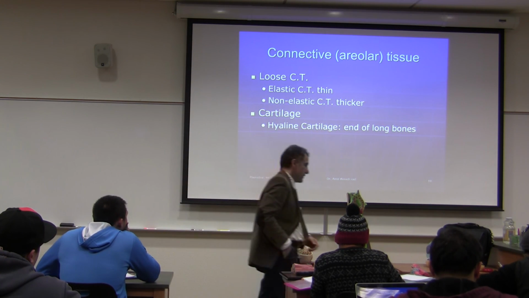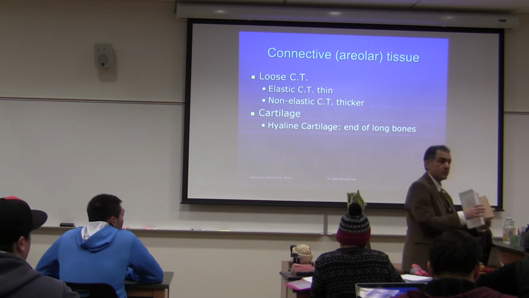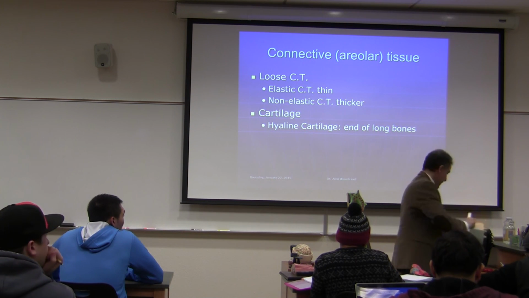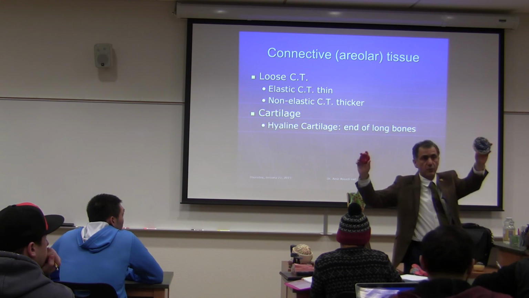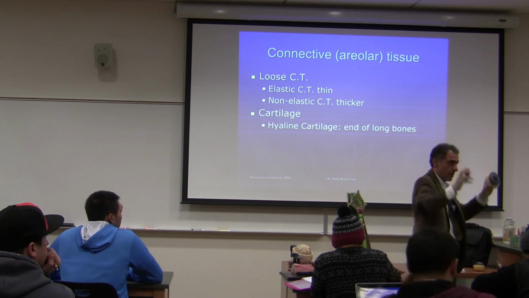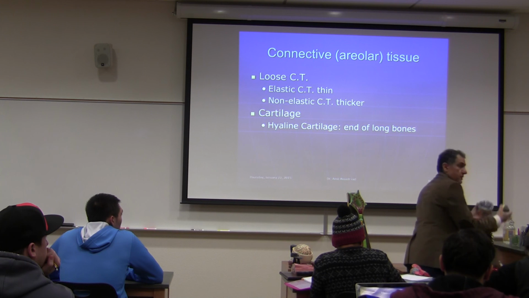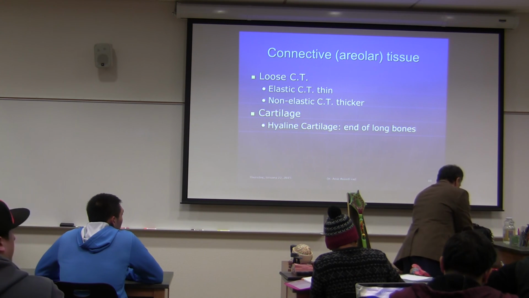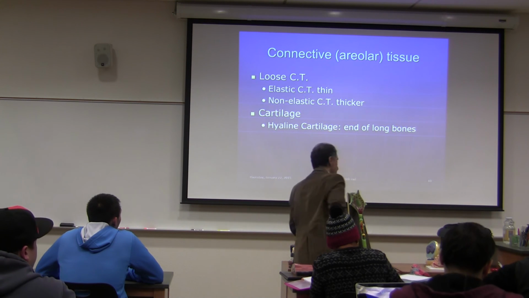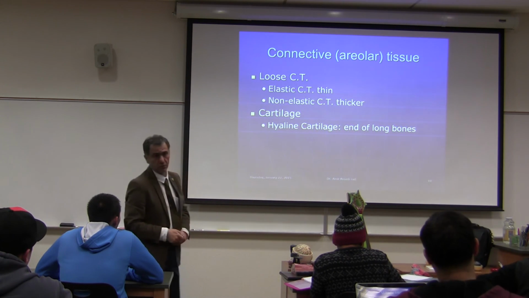I have blood and bone. The models we have are bone and blood, different types of blood, red blood cells, white blood cells. We'll go over these later when the time arrives. These are all blood models. So they are all connective tissue.